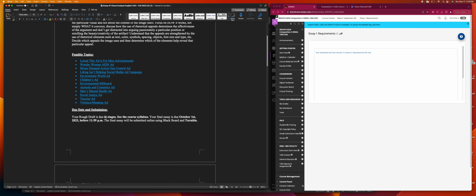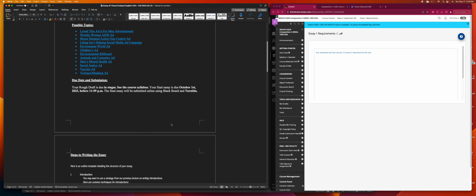Rough draft is due in stages. We are doing those stages now. Your actual rough draft is going to be due here pretty soon, September 22nd, I believe. We'll take a look at that in just a second. And then your actual paper is going to be due October 1st, and you will be submitting that to Blackboard.